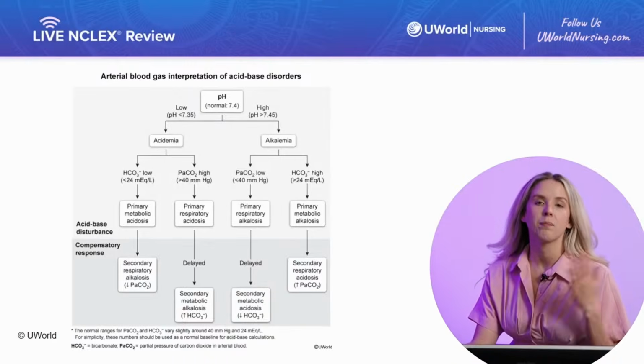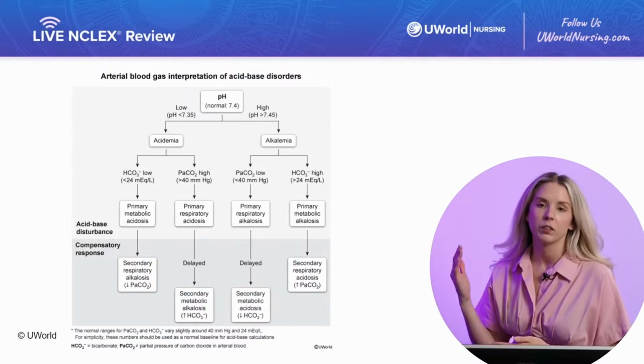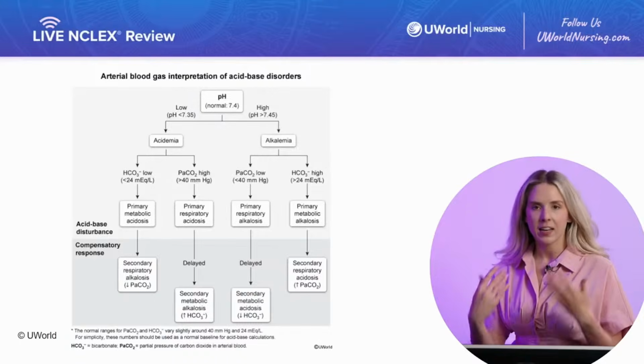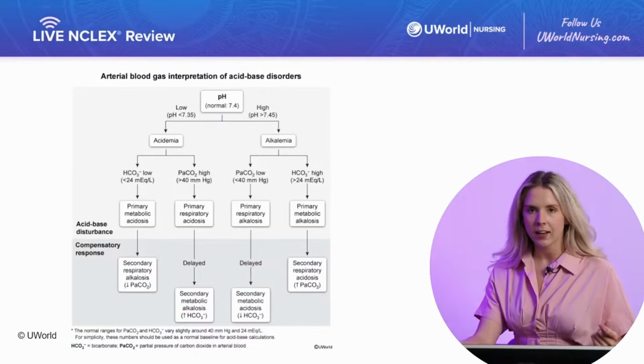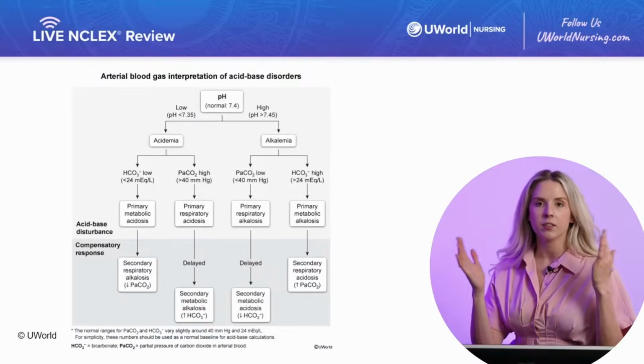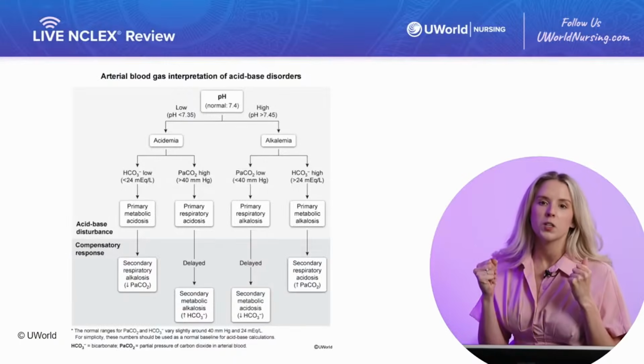On the other side, we have metabolic alkalosis. Here we have a high pH. What happens here is we have low hydrogen or low acid and too much bicarb. Our kidneys first try to compensate, but when they can't cut it, they're going to call in for backup from our lungs. Our lungs are going to breathe slower to help retain and hold on to that CO2, which is an acid.